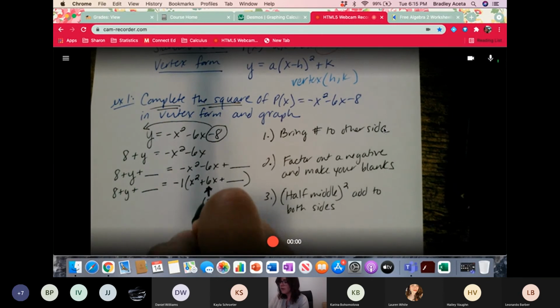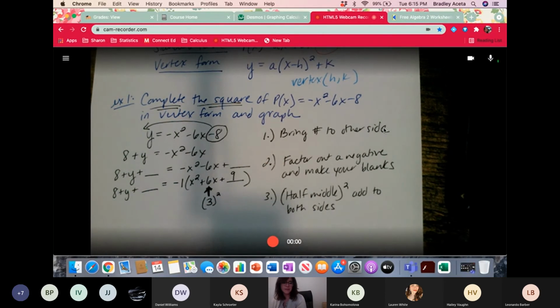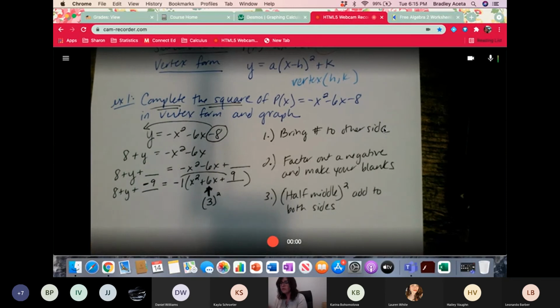But then you want to square it. 3 squared is 9, and that's what goes in that blank. If this wasn't a negative, you'd just put a 9 here as well. But because we had factored out a negative, we actually have to do -1 times 9 and put -9 here. That only happens if you had to factor out a negative.